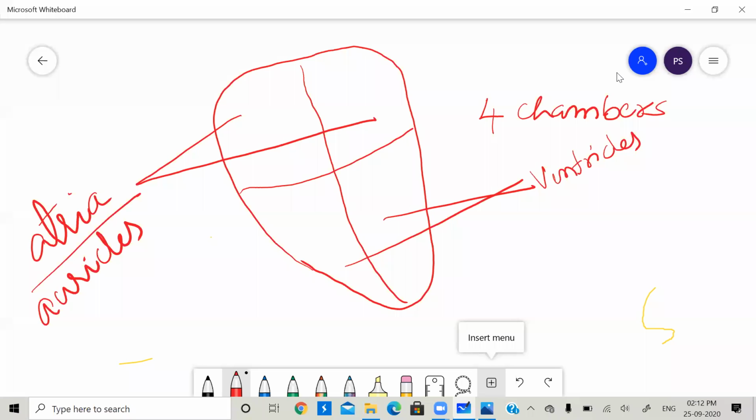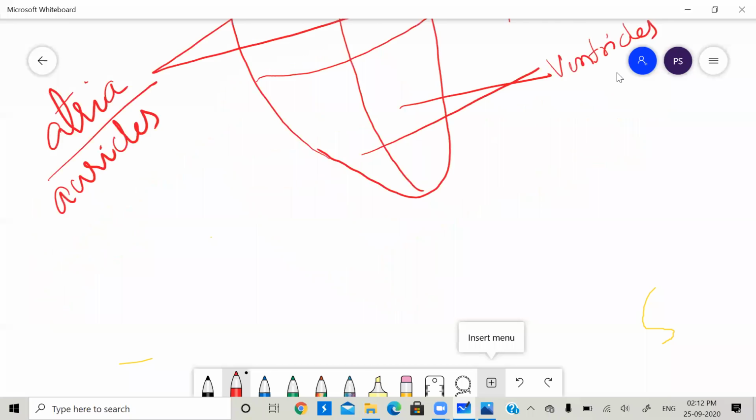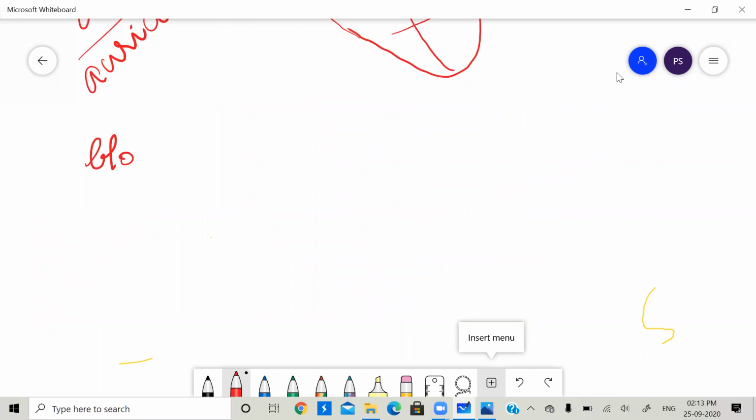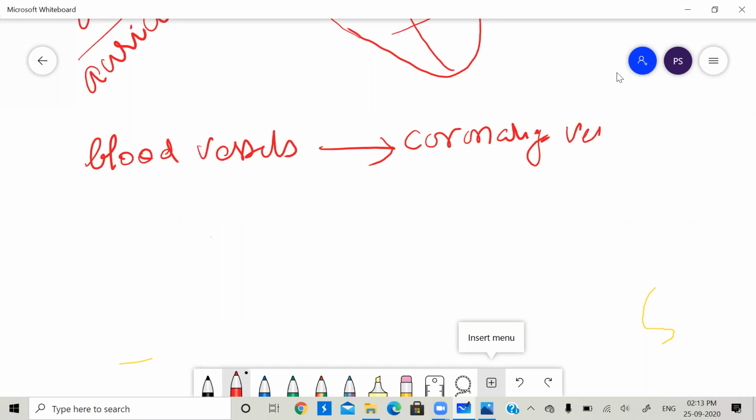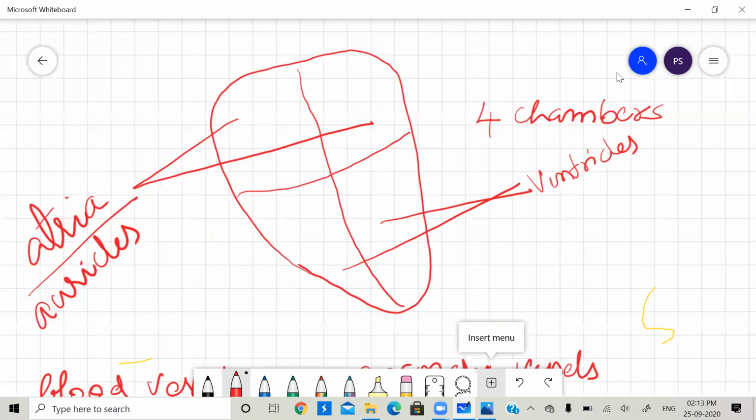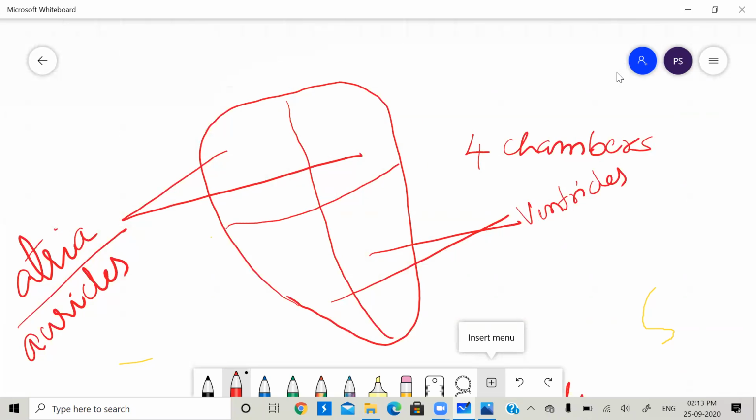Blood vessels which enter the walls of the heart are called coronary vessels.